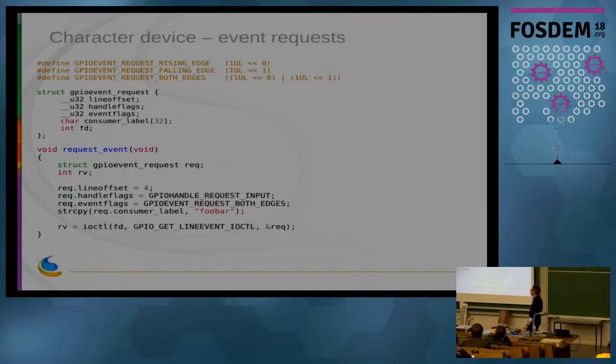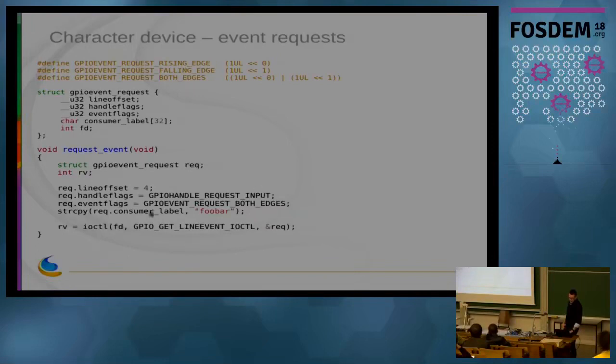So in this case, you have to do it one by one, unless you're using the user space library, about which I'm going to talk in a couple of minutes. The flags are the same as for requesting values, but in this case you need to additionally specify the event flags, which is just the type of events that you're going to wait for: either rising edge or falling edge.